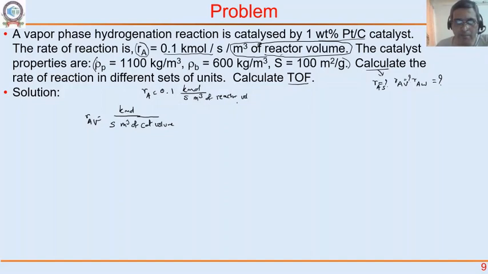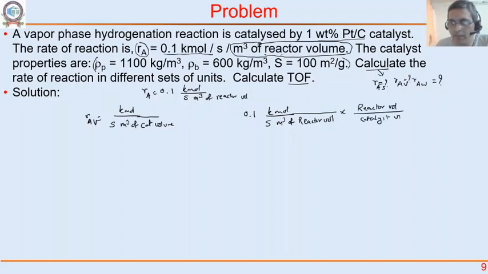Suppose I multiply this by reactor volume divided by catalyst volume. Can I do that? Then this reactor volume would get cancelled out, and I will have rate in terms of kilomole per second per meter cube of catalyst volume.